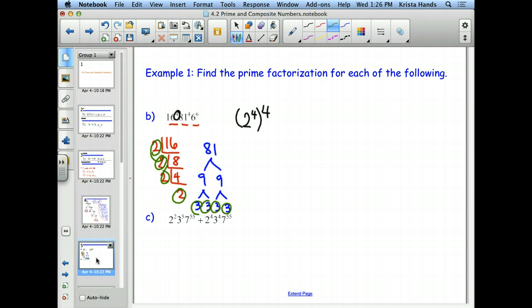That doesn't always happen, but this one's a really nice one. So I actually get four 3s, correct? So the location where you see the 81 can be replaced by 3 to the 4th, and then there's a number here that has to be included, and it happens to be another 4. There's nothing special about the fact that those both happen to have 4s. That's just how the problem worked out.